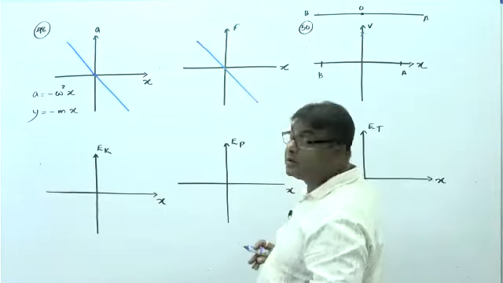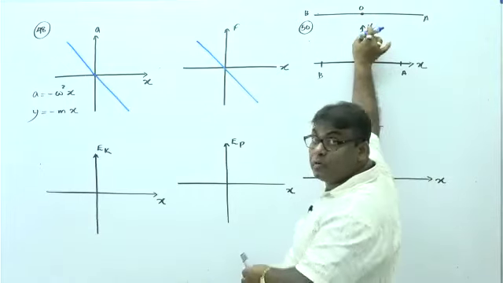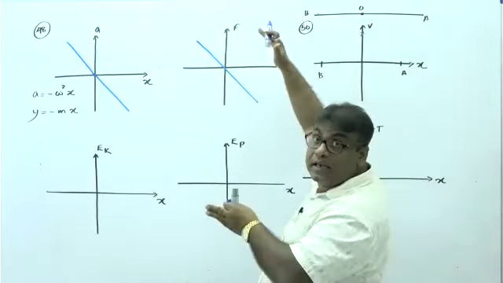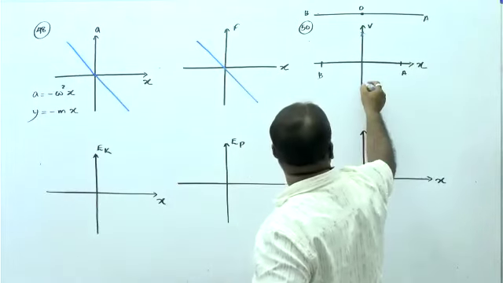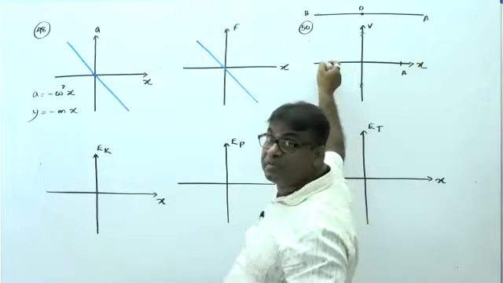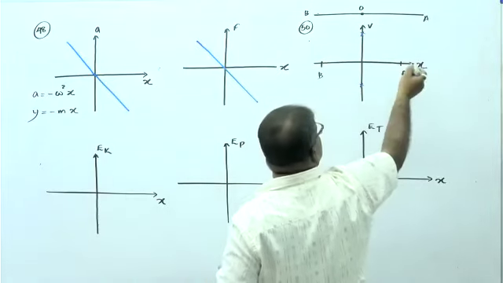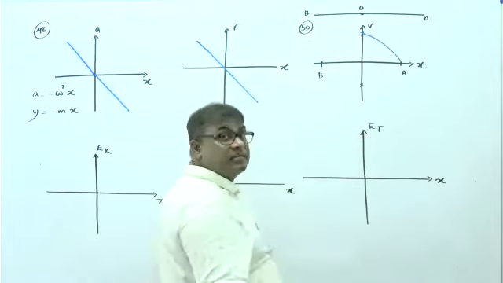Velocity is a vector quantity. When it is traveling towards the right side, the velocity is positive; when it turns back, velocity should be negative, like this. At the extreme position, velocity is 0. At this extreme position, velocity is 0. Then velocity varies from 0 to maximum like this.